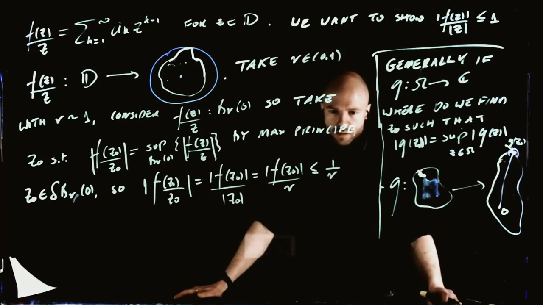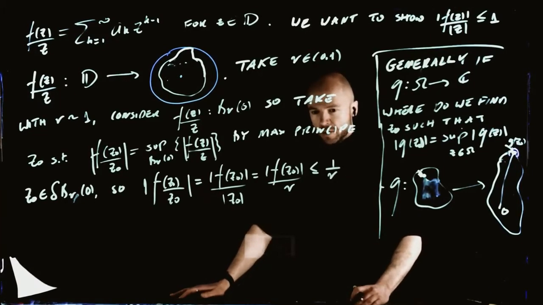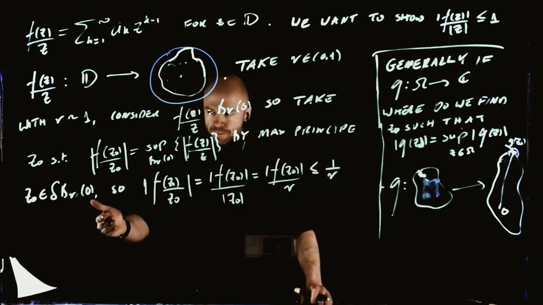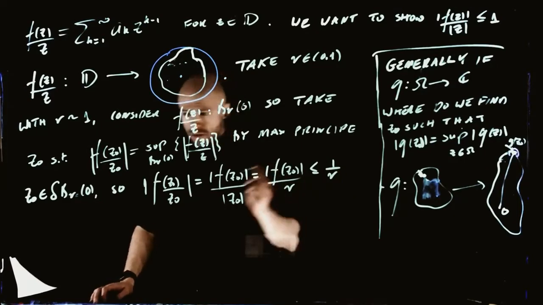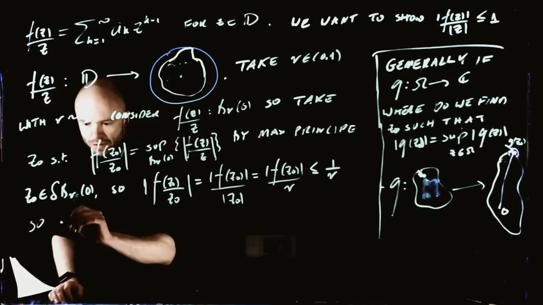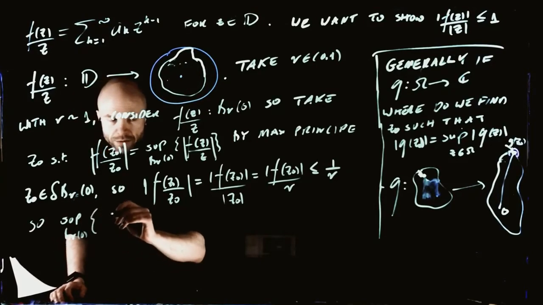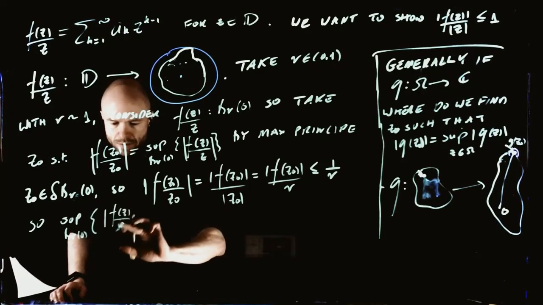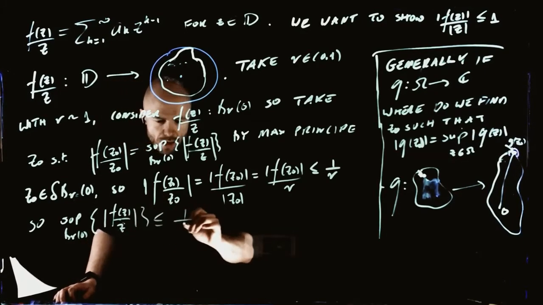Okay, cool. So this is some explicit bound for our function, but not quite in the entire disk, in something a bit smaller, because this guy has to be achieved on the boundary, and on the boundary we have this thing. So the supremum over the ball of radius r around 0 of our thing is at most 1 over r.